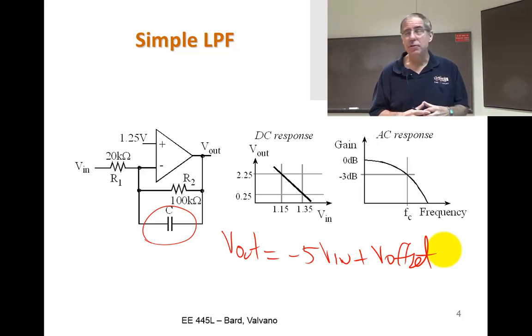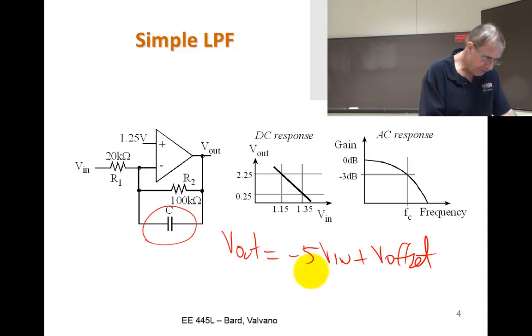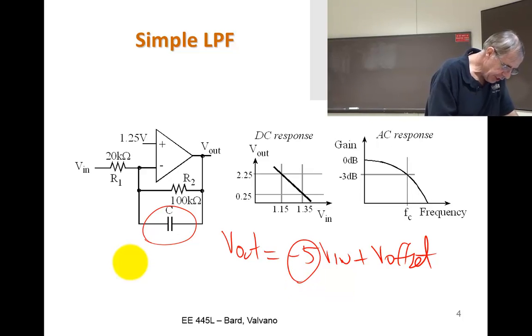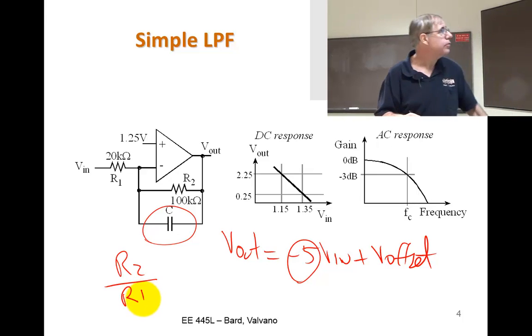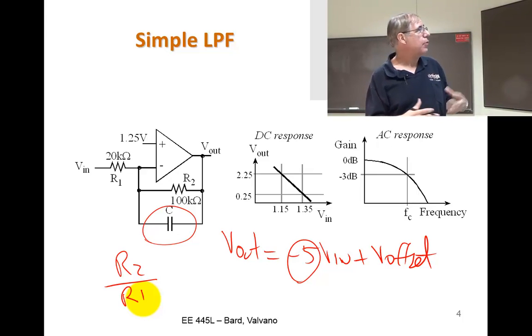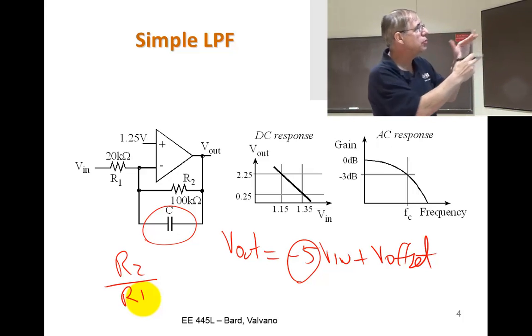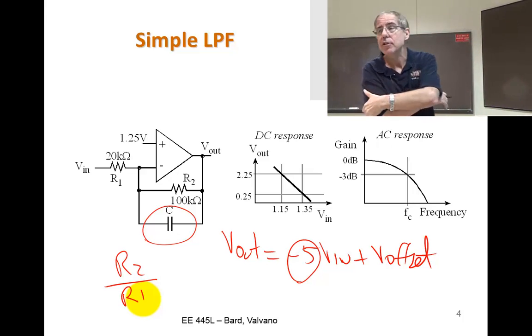But you remember at very high frequencies, this 5 is the ratio of R2 over R1. So at very high frequencies, how does this behave? What happens to the effective impedance of those two resistors at very high frequencies?